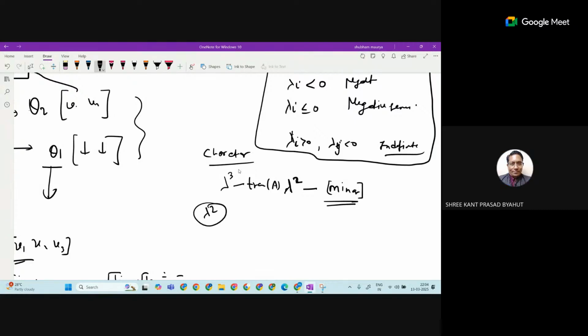In case of 3 by 3, that becomes difficult, because the minors of the diagonal elements we have to calculate separately and then write the formula directly. And the determinant of A you can calculate. What is the trace of A? Trace will be the sum of the diagonal elements.